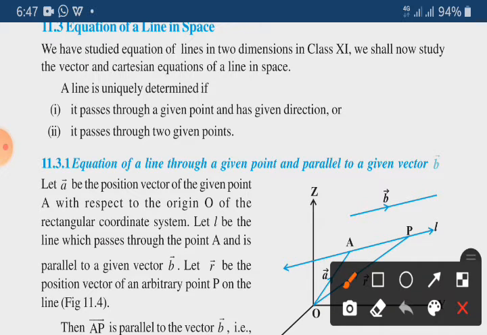A line is uniquely determined when it passes through a given point and has a given direction, and when it passes through two given points. First, we are going to see the equation of the line given a point and a direction.